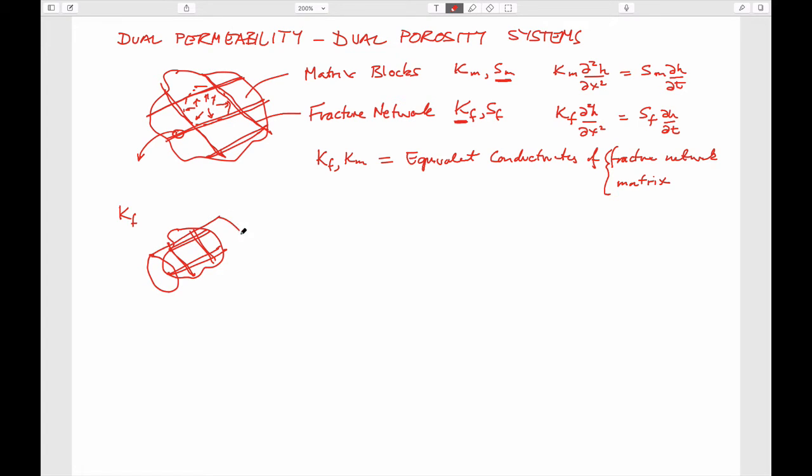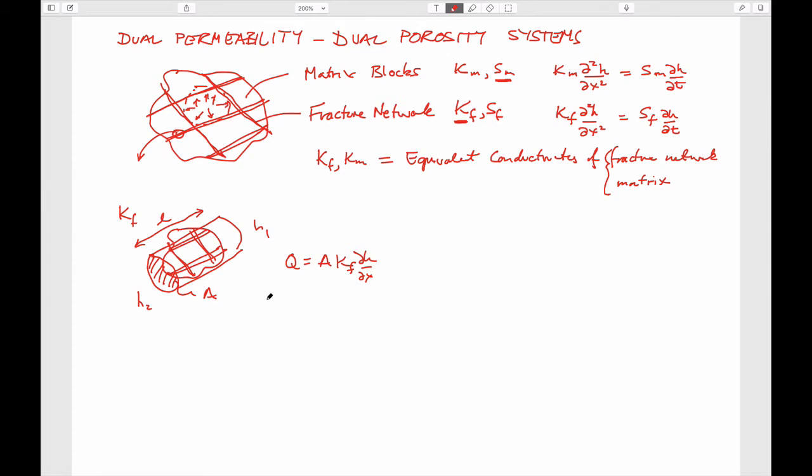So you did an experiment on a core that included this, and you had a head upstream, you had a head downstream, and you used Darcy's law to calculate a flow rate as a function of cross-sectional area of the sample and hydraulic conductivity and the change in head with length. This is length. This is L. So this would go in here. And so this would be the flow within the fracture network, we said.